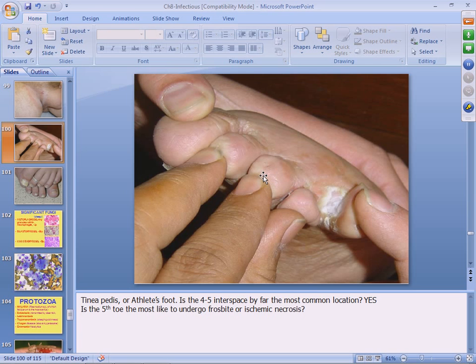Why it's there, I'm not too sure, but I do know that if any of your patients ever need amputation of a single toe, because they're diabetic or for ischemic reasons, do you know which toe is always the most likely to be amputated? The fifth toe, isn't it? So let's just say that probably ischemia is a big factor here as well.